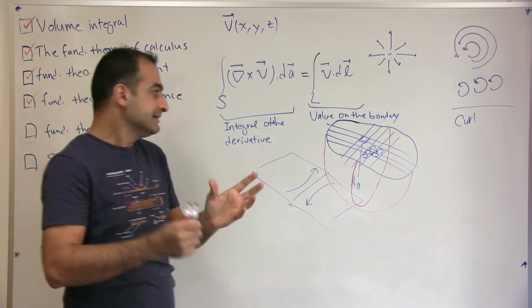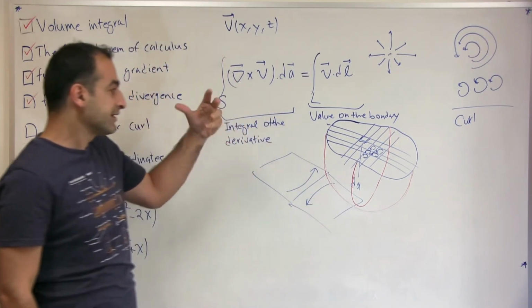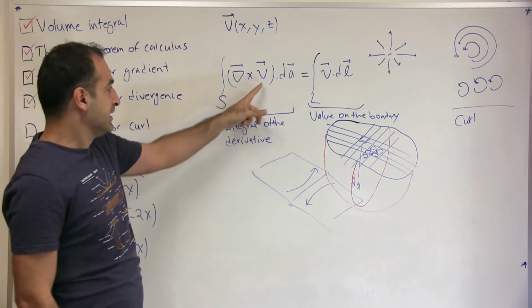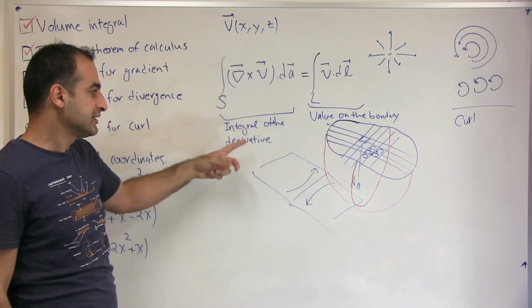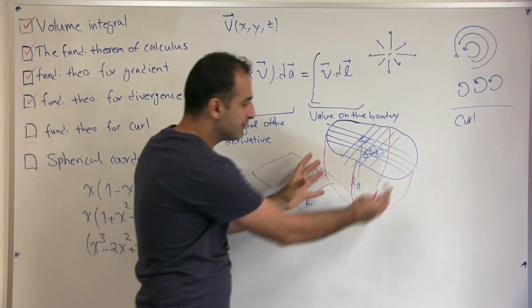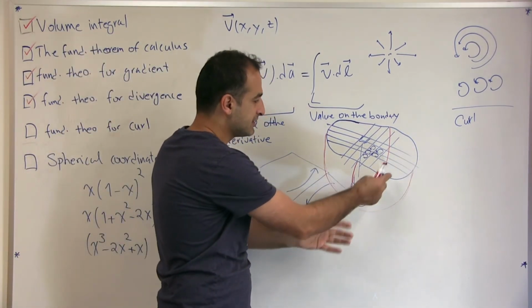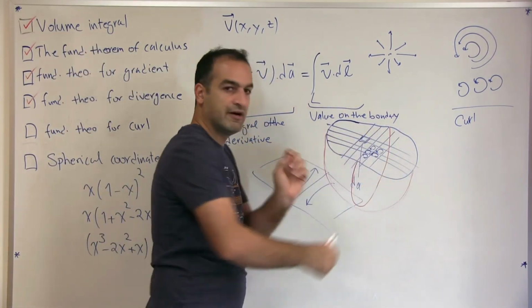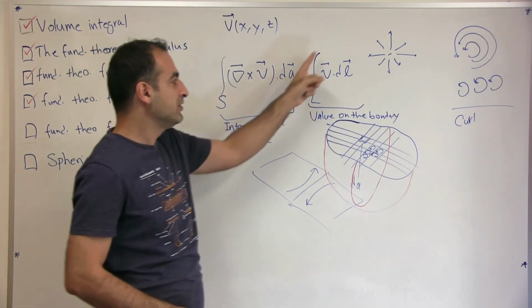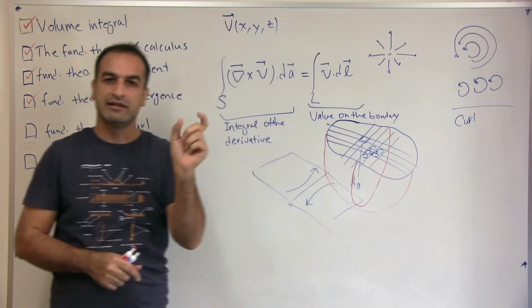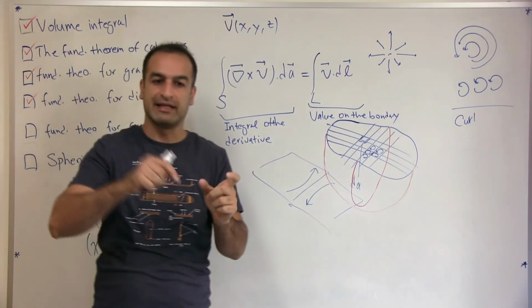The interesting thing about curl is that if you can write a vector function in terms of the curl of another function, it doesn't matter how big the area is. As long as it's from the same loop, the integral of the curl is always equal to the line integral of the function over that loop.